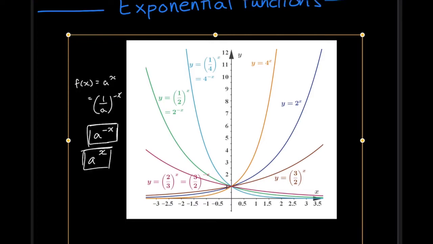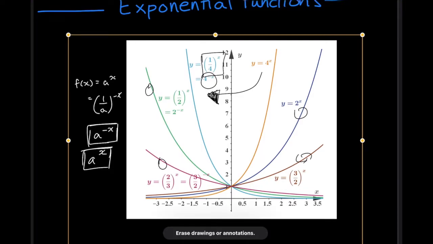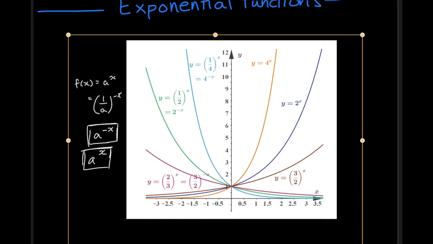We can see that in this image. This is 4 to the negative x, which is the same as 1 over 4 to the x, which is a reflection of the yellow function in the y-axis. Same for the green and blue, and same for the pink and brown. So if we have a negative power, it just reflects in the y-axis.